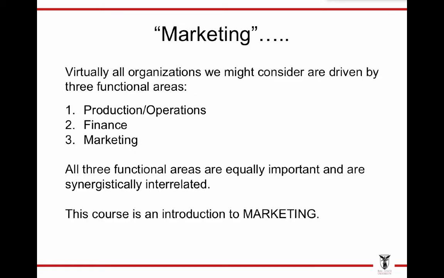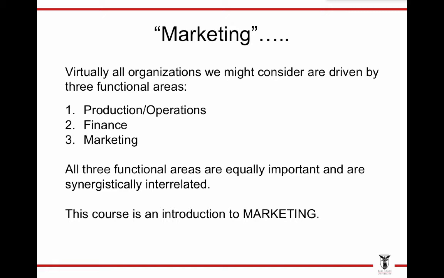Just a quick word about marketing in general. Virtually all organizations we might consider, whether they're traditional profit-oriented corporations or also not-for-profits, are driven by three functional areas. A production and operations area that has to do with providing products and services, a finance function which has to do with making sure the working capital is in place, and finally a marketing function which has to do with moving products from the point of production to the point of use, whether we're talking about ultimate consumers or business users.